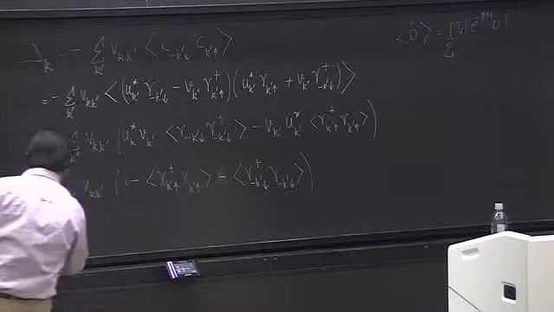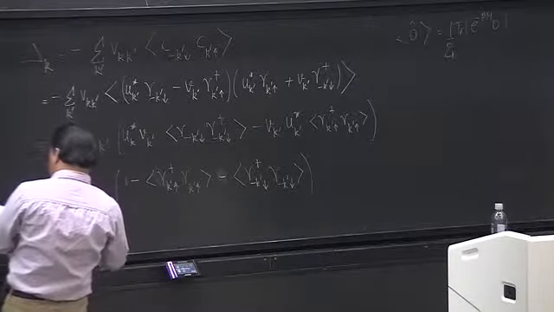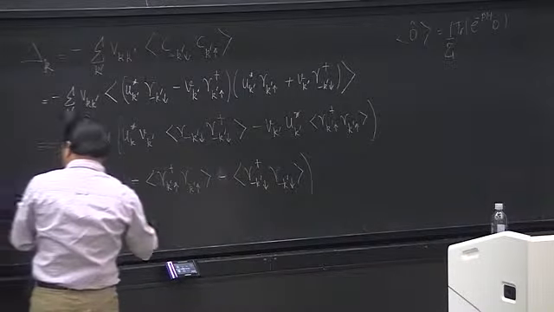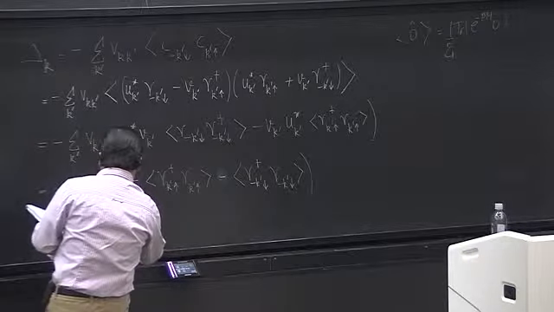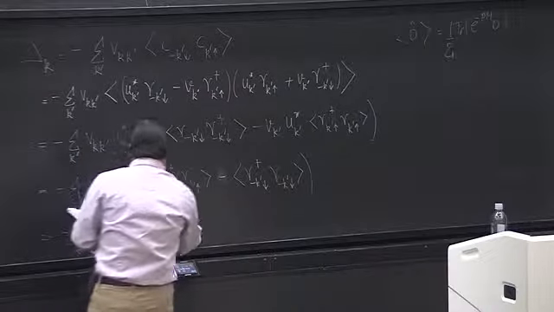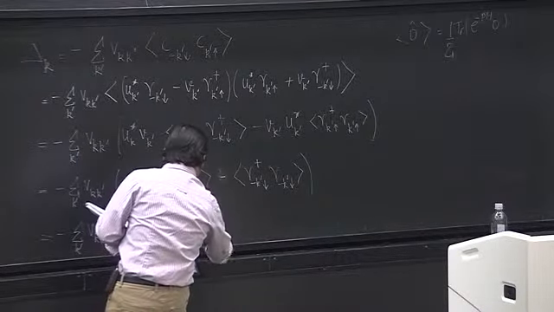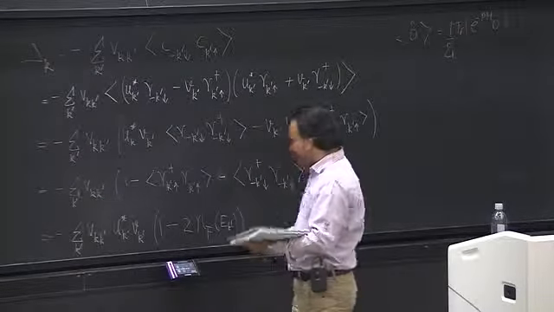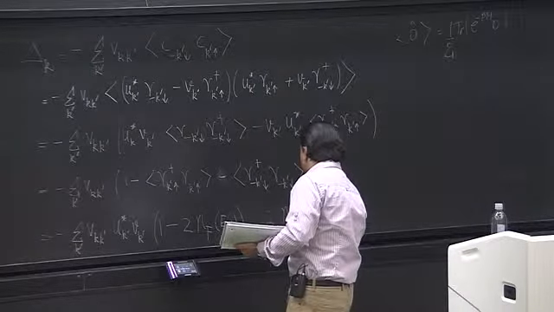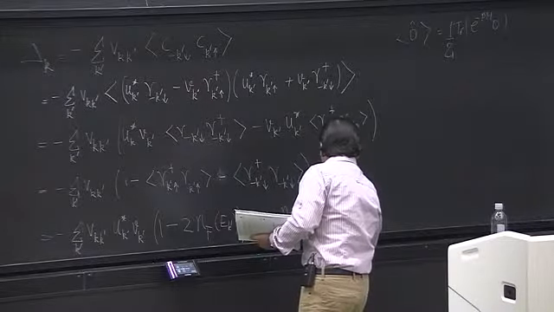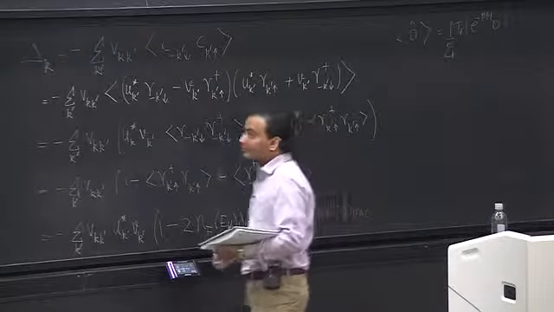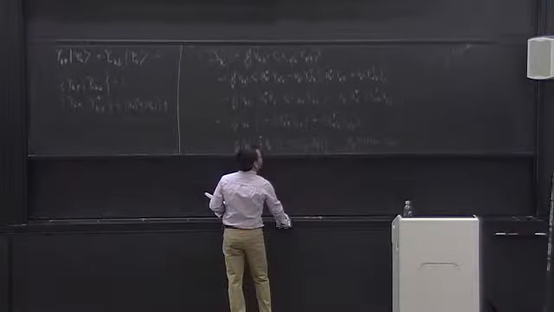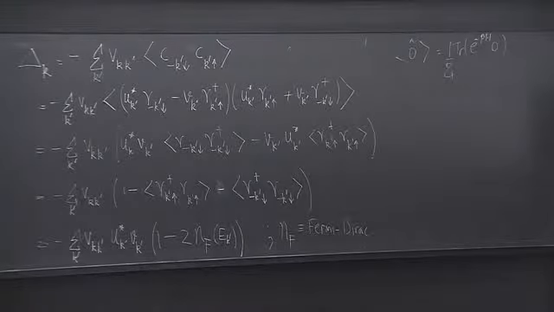So what we will do next is write this as minus the sum over k prime of one minus 2 times this eta f of E k prime, where eta f is the Fermi-Dirac distribution function. Any questions so far?